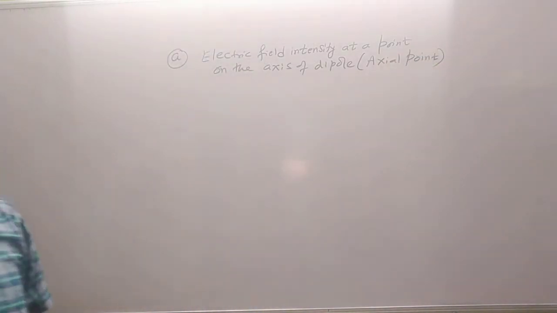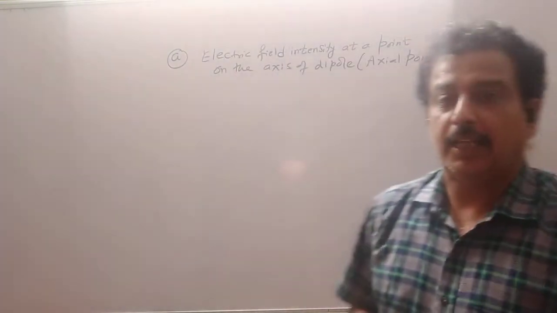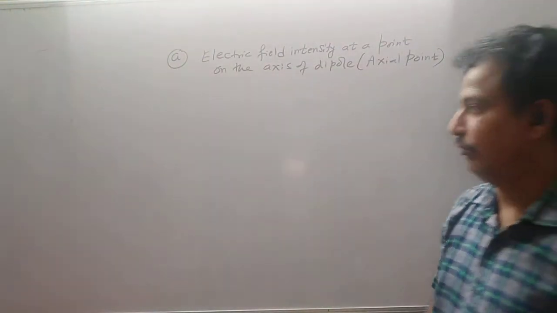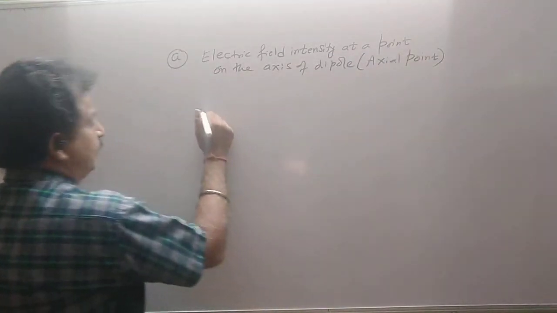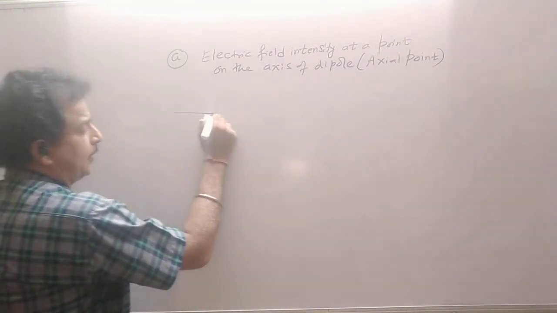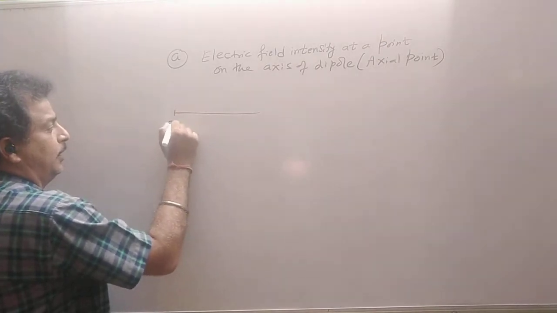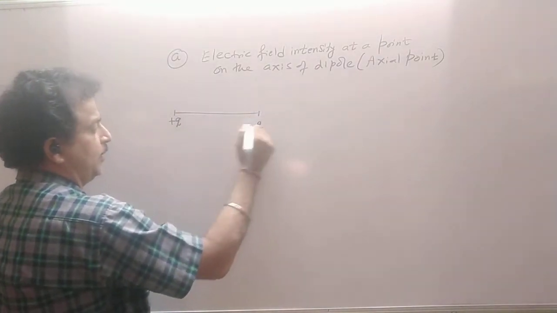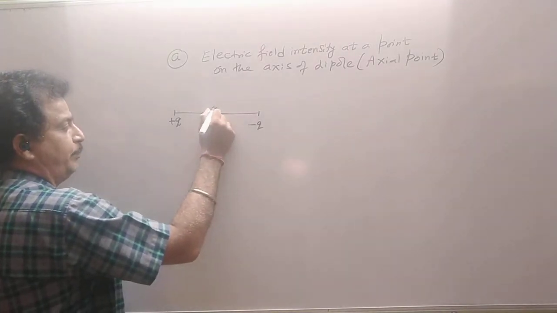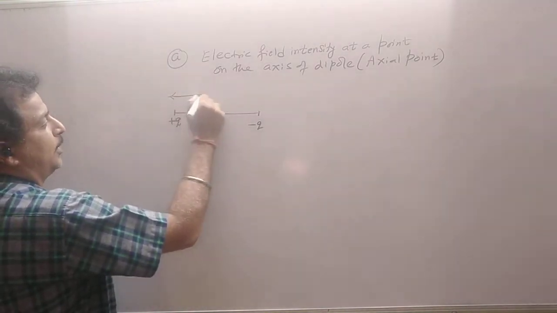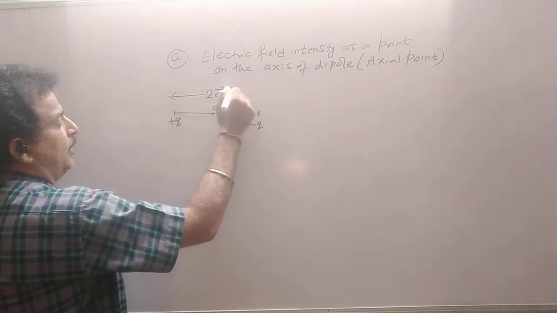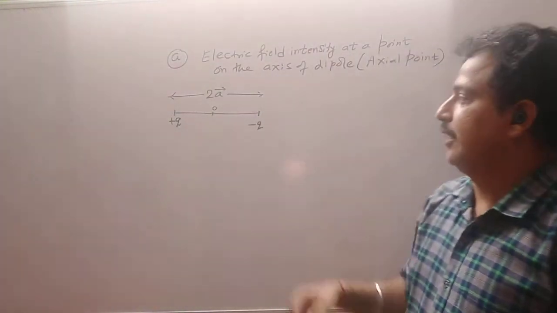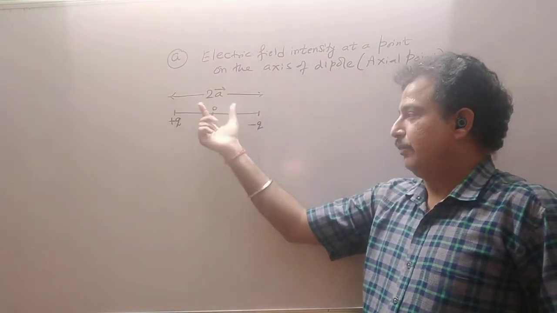So we need to find out the electric field intensity at a point, and the point should be on the axis of a dipole. So the theory is simple. Let us consider a dipole: this is plus q, this is minus q, this is the midpoint, and the total distance between the charges is generally represented by the vector 2a. Now what is the significance of this 2a?